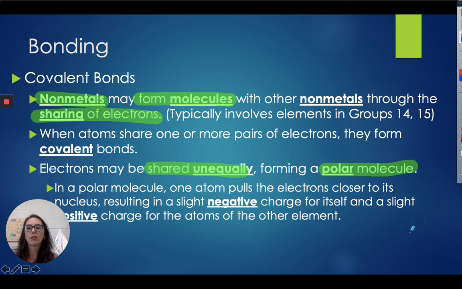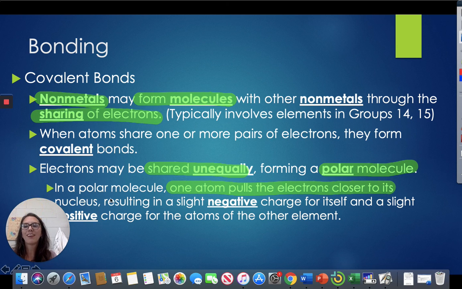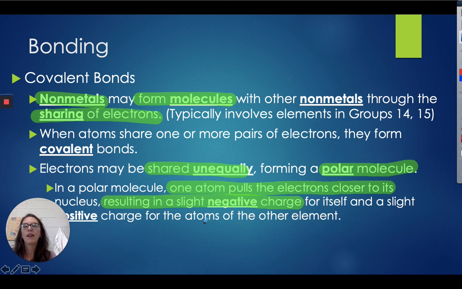Water's a polar molecule. So we just want to say that one atom pulls the electrons closer to its nucleus. And that's going to result in a negative charge. And then the other end would have a slightly positive charge.